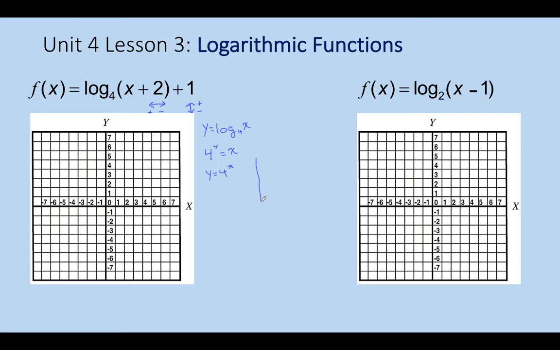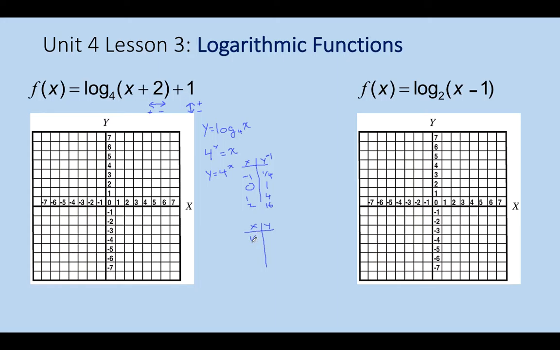I do a little table of values, so y inverse. And so let's pick some things. When x equals 0, y equals 1, I would multiply by 4 to get to the next number, or divide by 4 to get to the previous number. And in order to get the table of values for my original thing, well, original being this thing without the shift, I've got x and then regular y, and then I just switch these numbers.